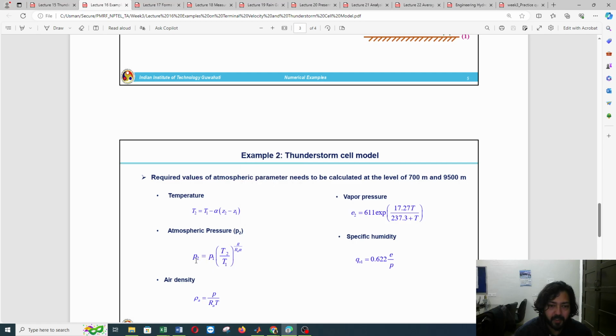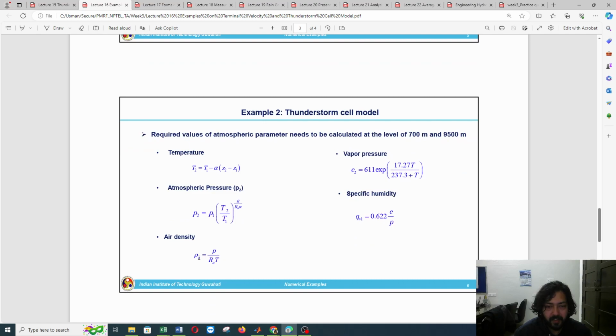We can calculate the pressure at 700 meter. The other variables are known to us. Then we can calculate the air density at the elevation. Since P2 is known to us and T2 is known to us, rho A2 would be P2 upon RA into T2, right? And similarly we can also calculate vapor pressure E2, and using vapor pressure we can calculate specific humidity at the ground surface as well as at 700 meter from the ground surface.